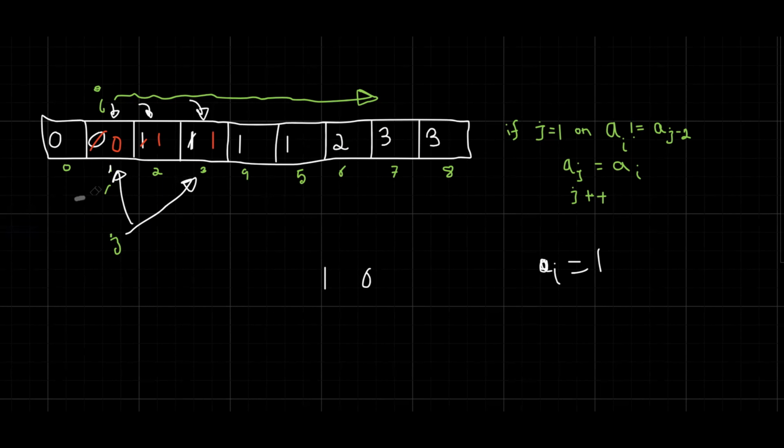And as we assigned 1 here, we have to upgrade our j pointer, and our j is pointing to this element. Now our I is here, but wait, if current I is pointing to this element, then the value of j minus 2, which is this element, is also 1, and the value presented in a of I is also 1.